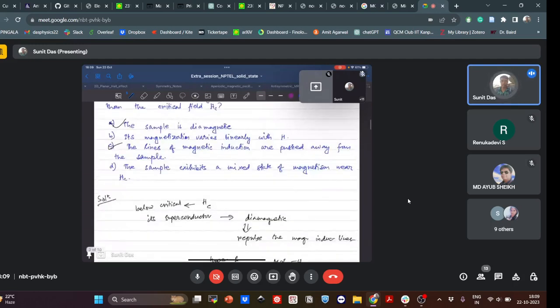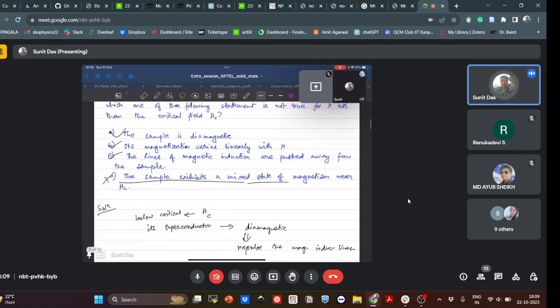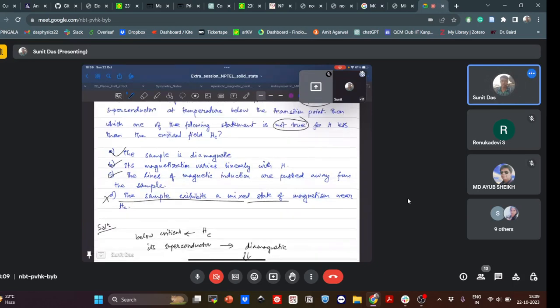So option B is also correct. So the only incorrect option is this mixed state of magnetism. Mixed state means a mixed state of diamagnetism and paramagnetism or ferromagnetism. So this is the correct answer according to this question, because we need to find the false part.